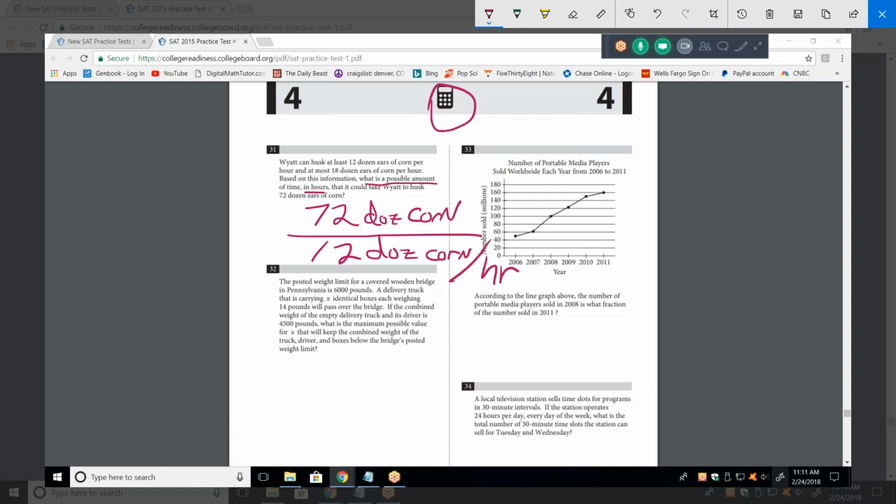Now, does that produce the appropriate units? That's always the question. Actually, you might not even ask yourself that question here. You might instantly realize that 6 hours is an answer. And when you do, put it in there. This is perhaps an easy question because it's the first question on this section.